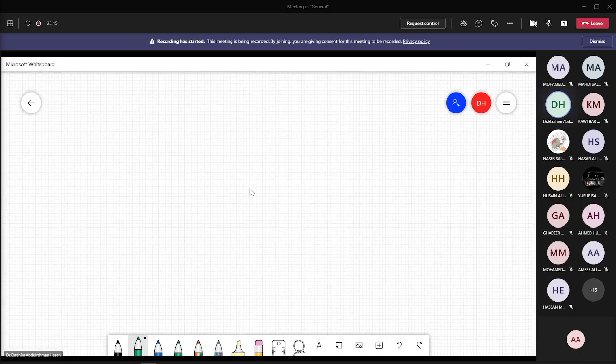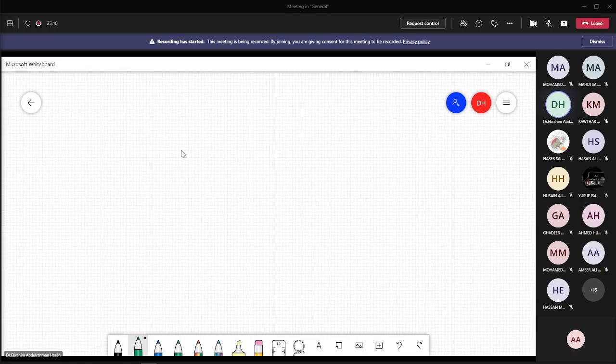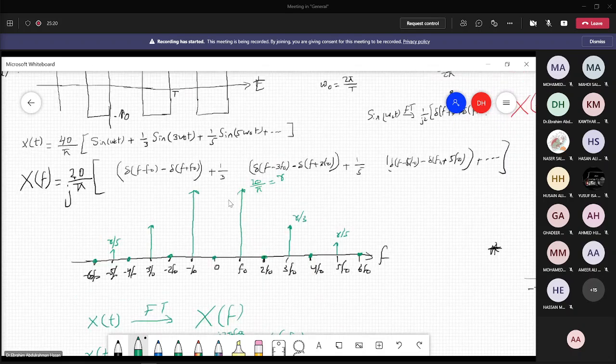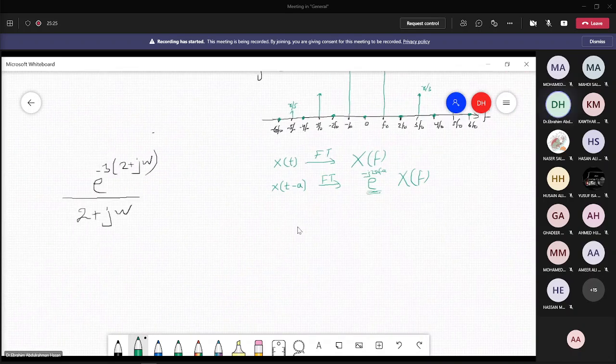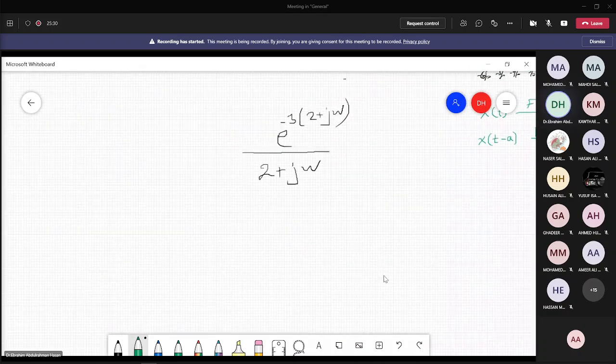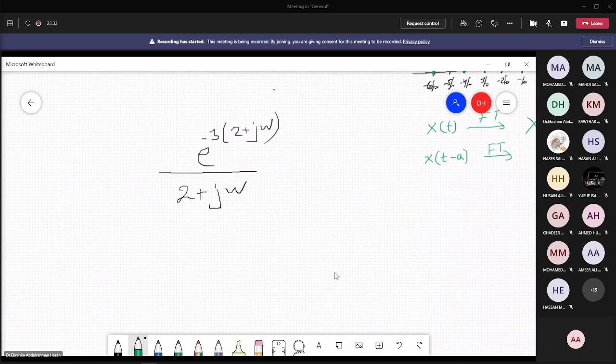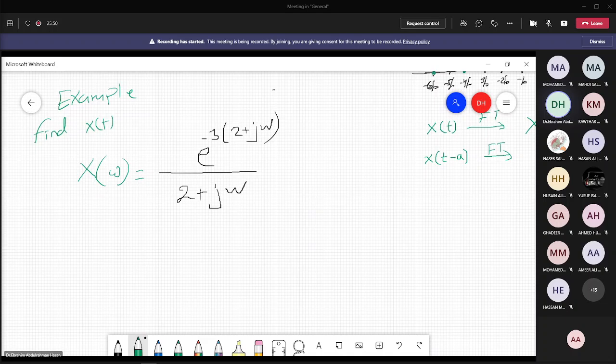Okay, so let me take also an example here. Suppose we have this. Let's take this example. So x of omega is given equal to this, and we want to find x of t.